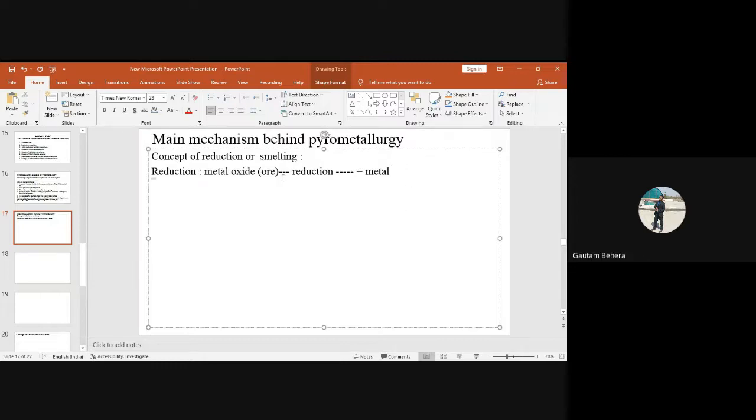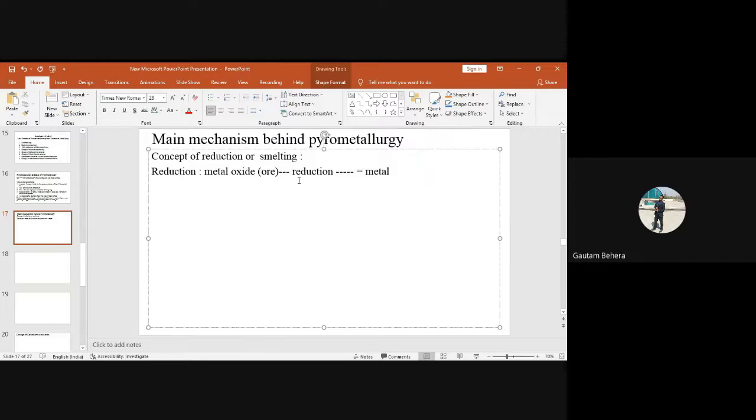That means reduction is a process where oxygen is getting removed from the ore. Fine. In technical terms, we call it the addition of electrons to positively charged ions. So addition of electrons, simply, is called reduction. Right? Reduction also applies if you have a sulfide ore, it will become metal.